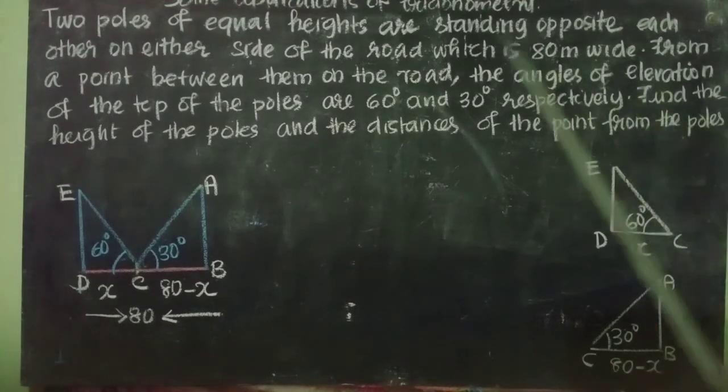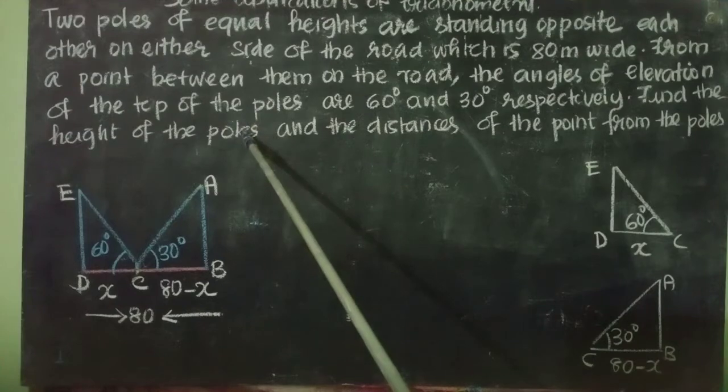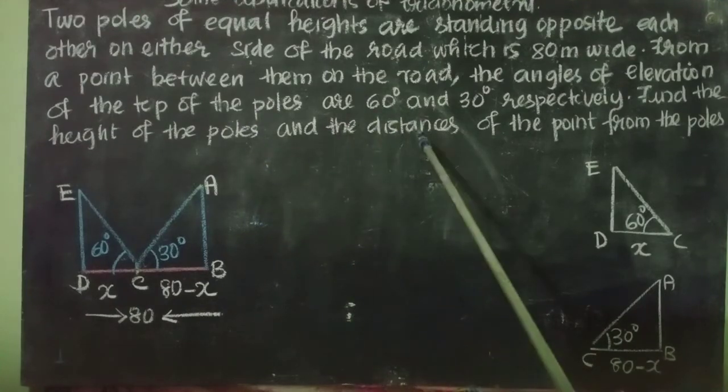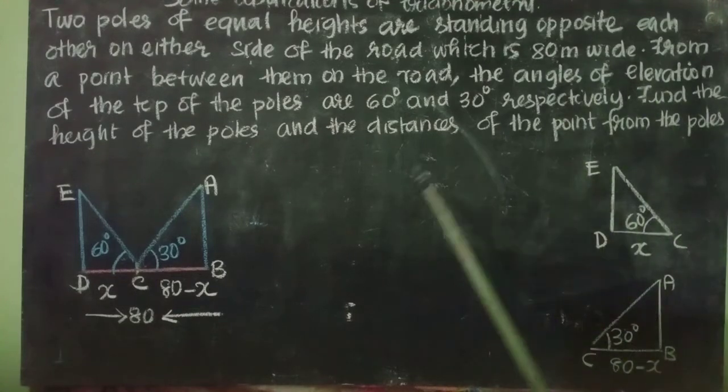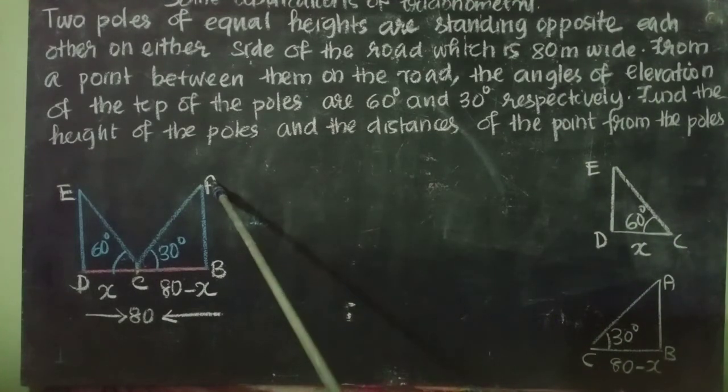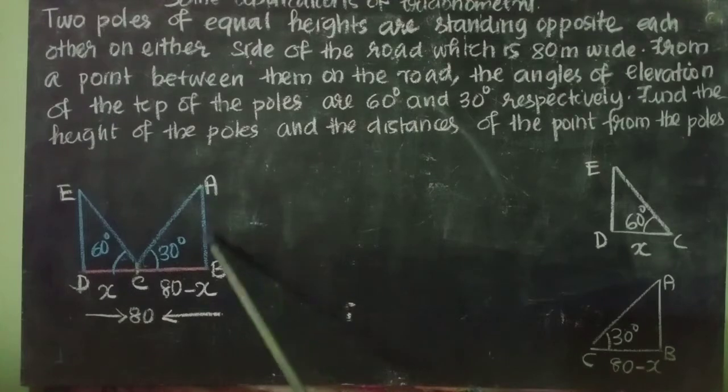The question is find the height of the poles and the distance of the point from the poles. So we need to find out the height of the poles, that is AB and DE. They are equal. Then again we need to find out CD and BC.